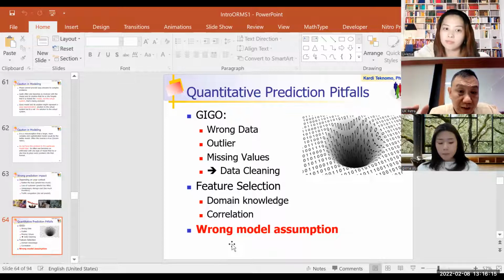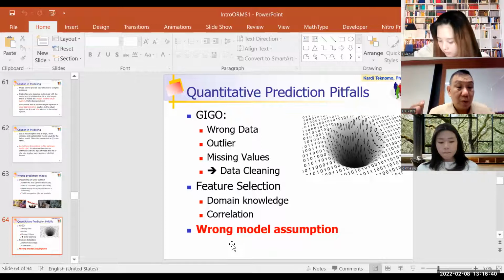The same thing is not just the data, also the feature. The feature means the variables. If you are dealing with a certain field, certain domain, there is a need for domain knowledge. Say you're dealing with health, so probably you will bring some health expert.